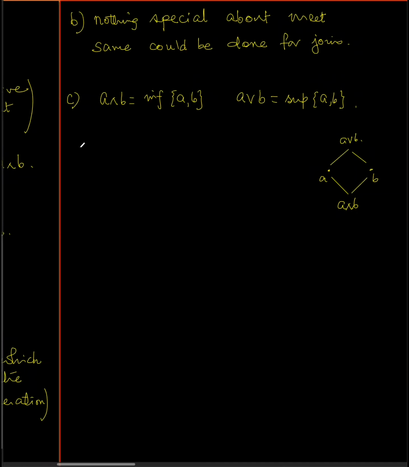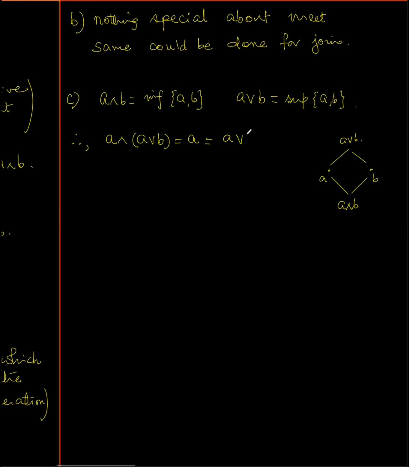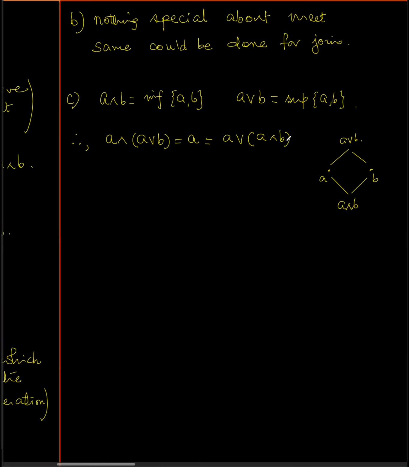So observe. So therefore, A and (A or B) is equal to A, and this is the same as A or (A and B). Okay, so that's exactly saying this. A and (A or B) has to be A, and A or (A and B) has to be A. So these two equations actually give a kind of handshaking.